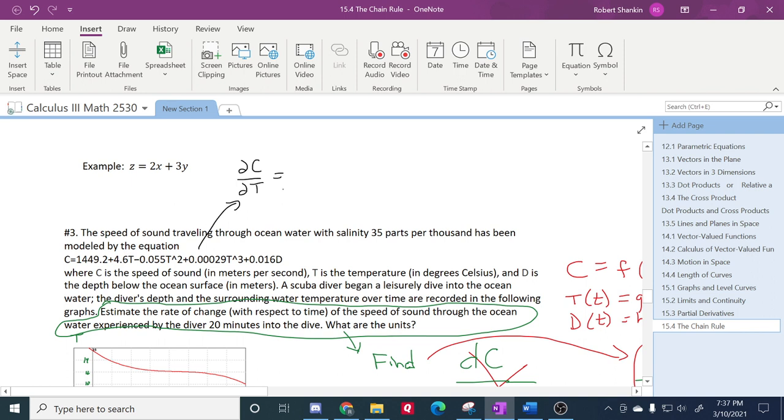Derivative of 4.6t is 4.6. Minus 2 times 0.055, which is 0.11, t to the first, and then 0.00029 times 3.